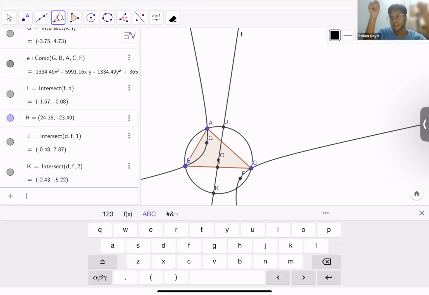Okay, so if x1 and x2 are the points at infinity, what is angle x1 a x2? The hyperbola has 2 points at infinity.